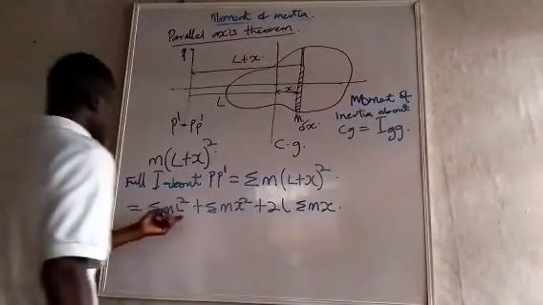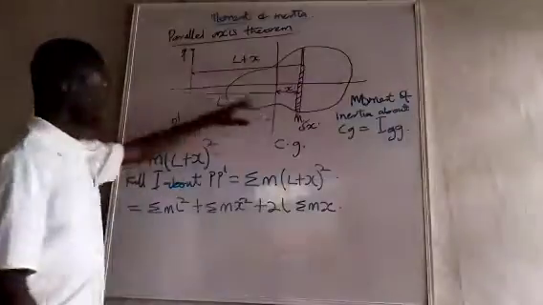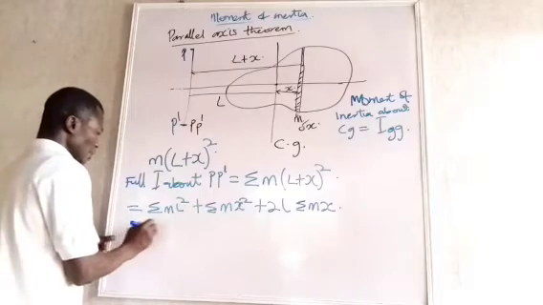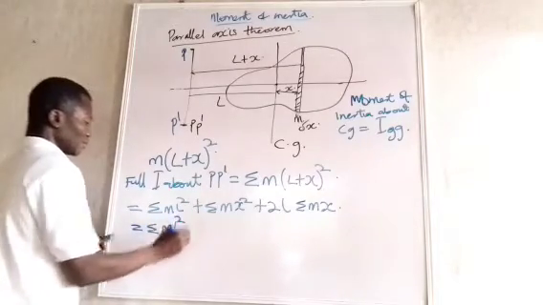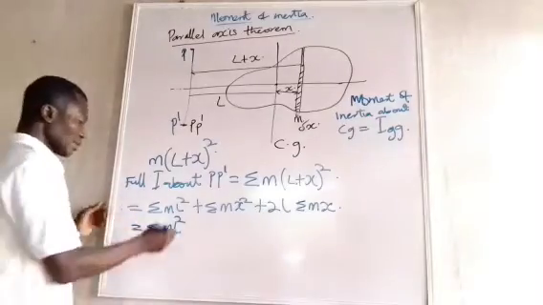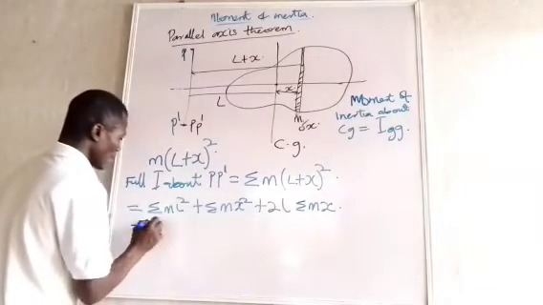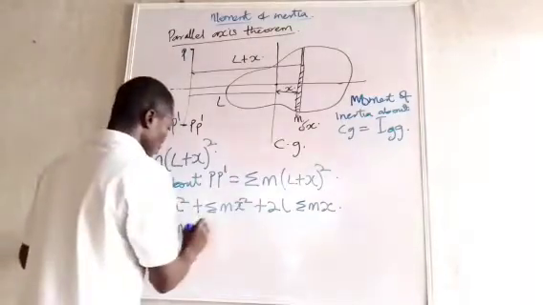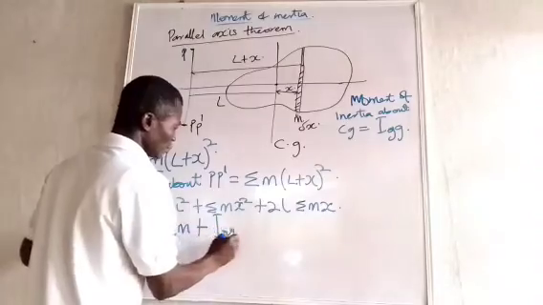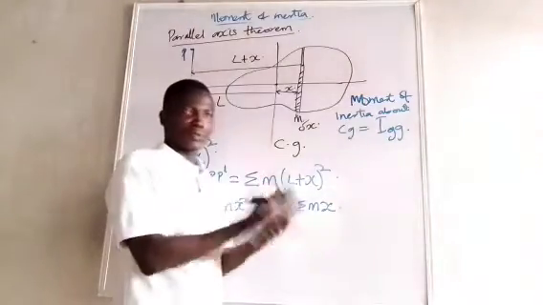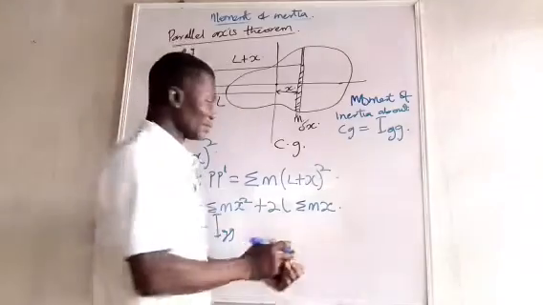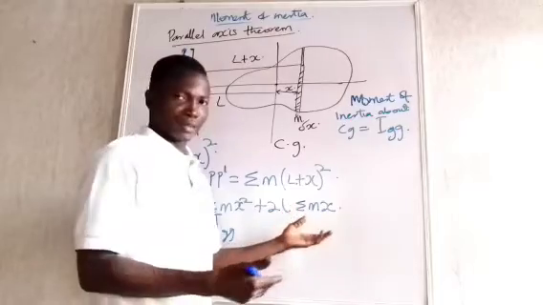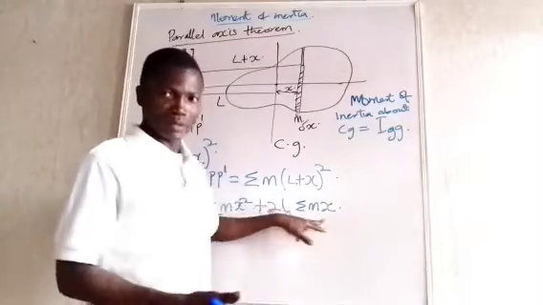If you look at this, L is constant. The distance there is constant, so X is not disturbed, it's not changing. So this one is going to be summation M L squared, which can still be written as L squared summation M. And this one is I G. Remember, when we talked about the average, the mean, or moments about the CG, this one is going to be 0.